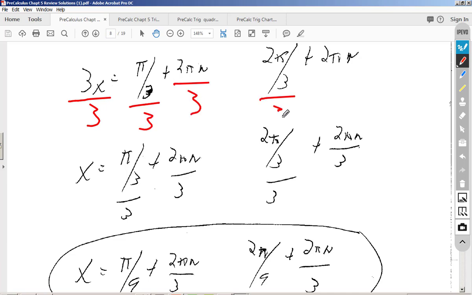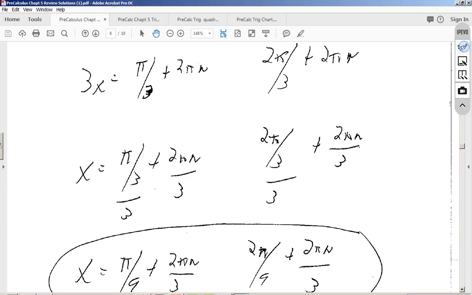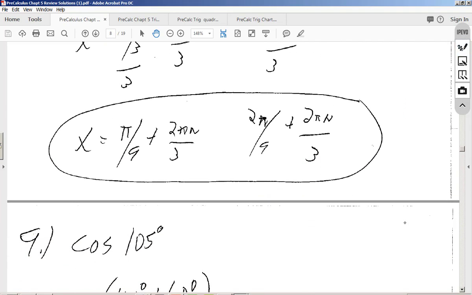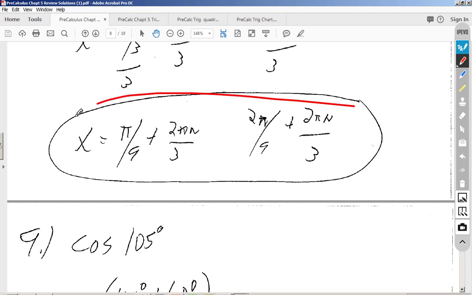So dividing everything by 3, when I flip and multiply, pi over 3 becomes this pi over 9. And notice I still have my plus 2 pi n, all divided by 3, and 2 pi over 9 plus 2 pi n divided by 3. And that would be your answer.